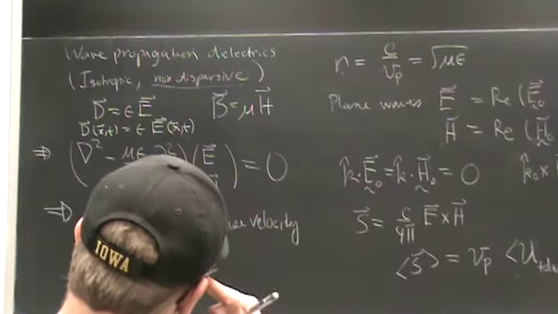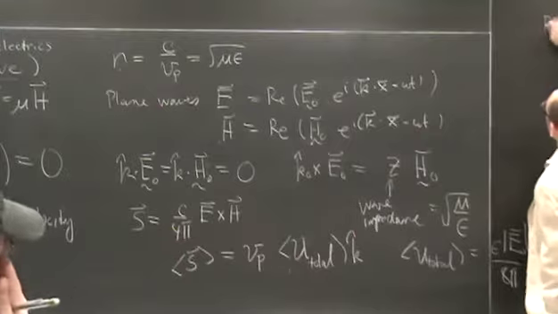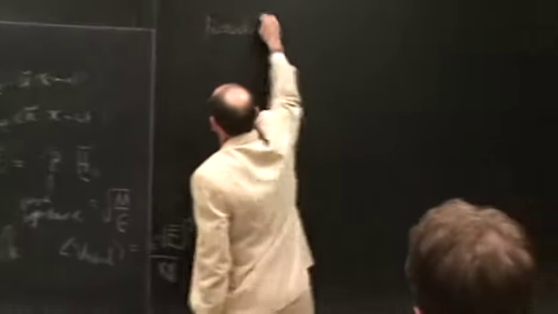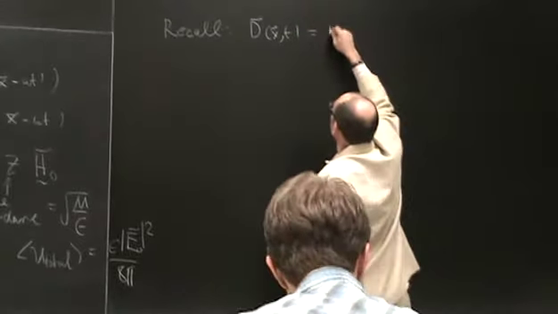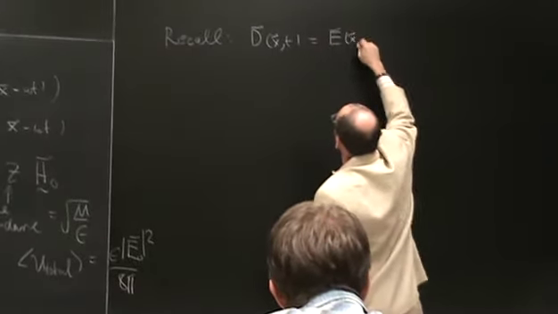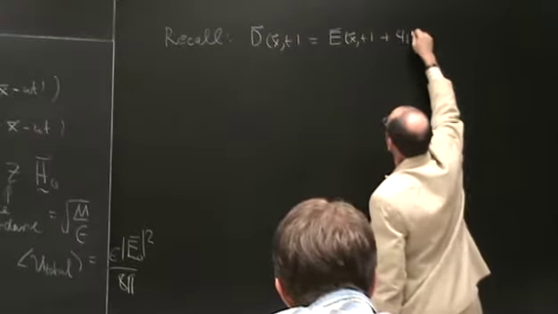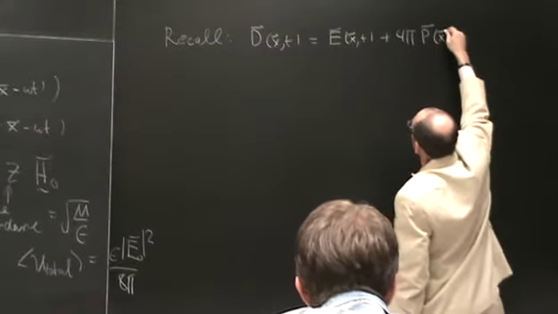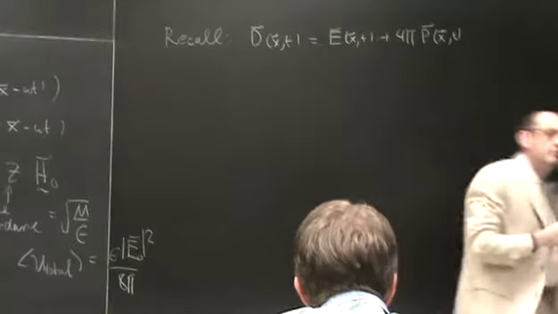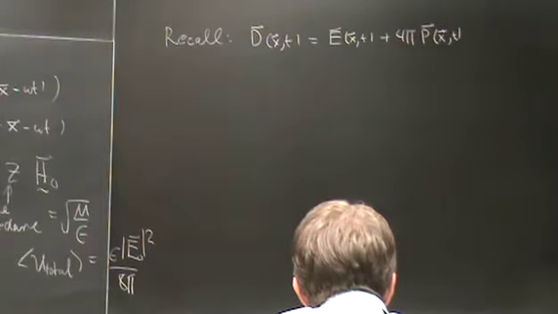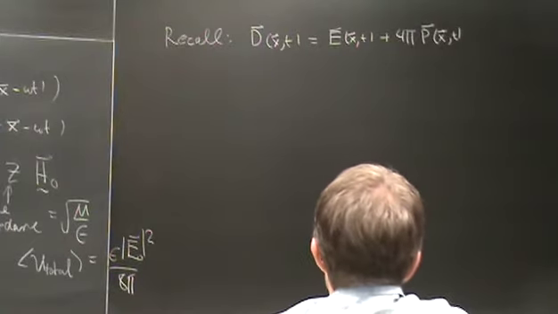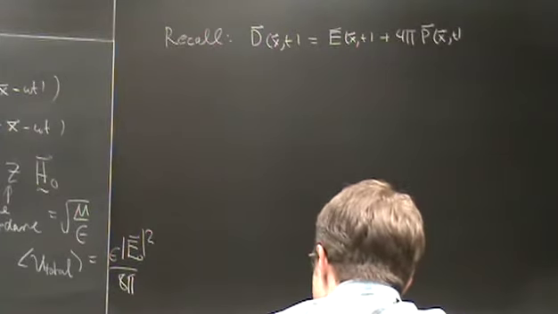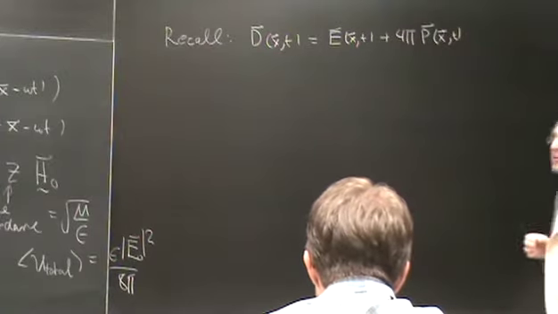And remember that came from the displacement field D being equal to epsilon naught E plus P. So this is not an approximation, this is a definition, where P is the polarization, the electric dipole moment, coarse grained per unit volume.